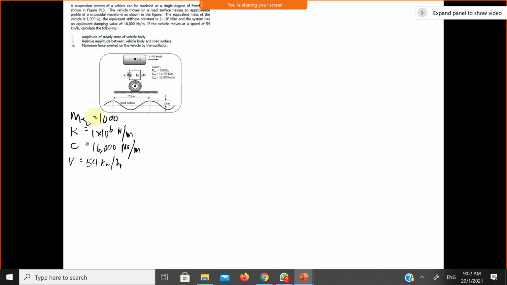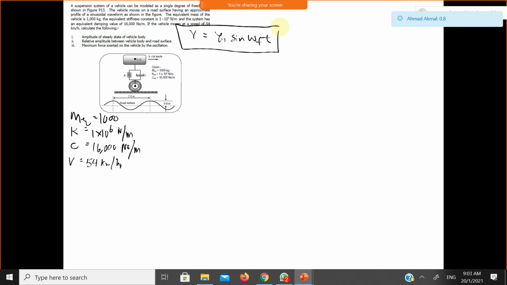How do we get the equation of a sinusoidal wave? Sinusoidal is like y equals y naught sin omega f t. We want to get the equation based on the given parameters here. What is our y naught? Of course, y naught is 0.8, isn't it? So how do we find omega f?